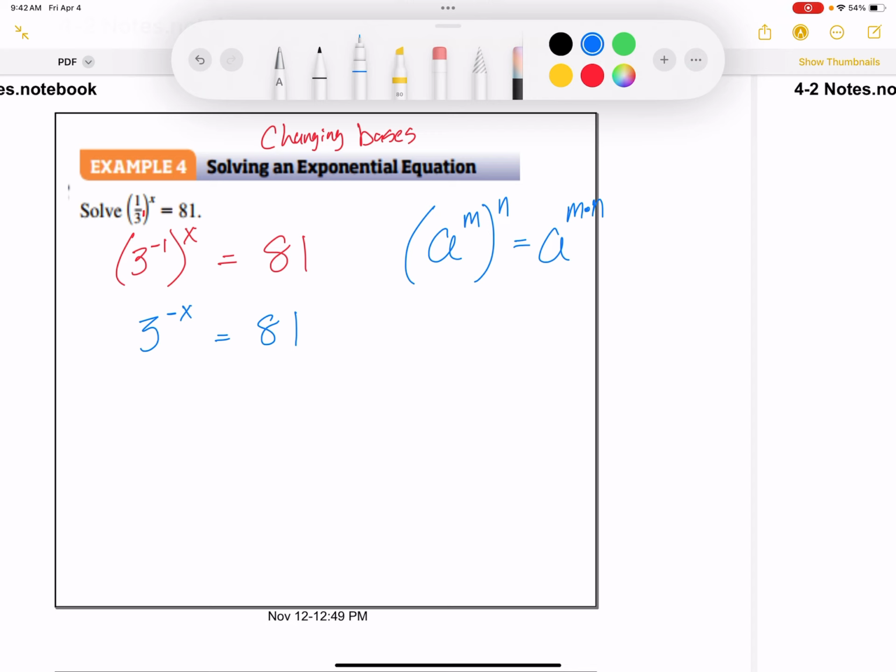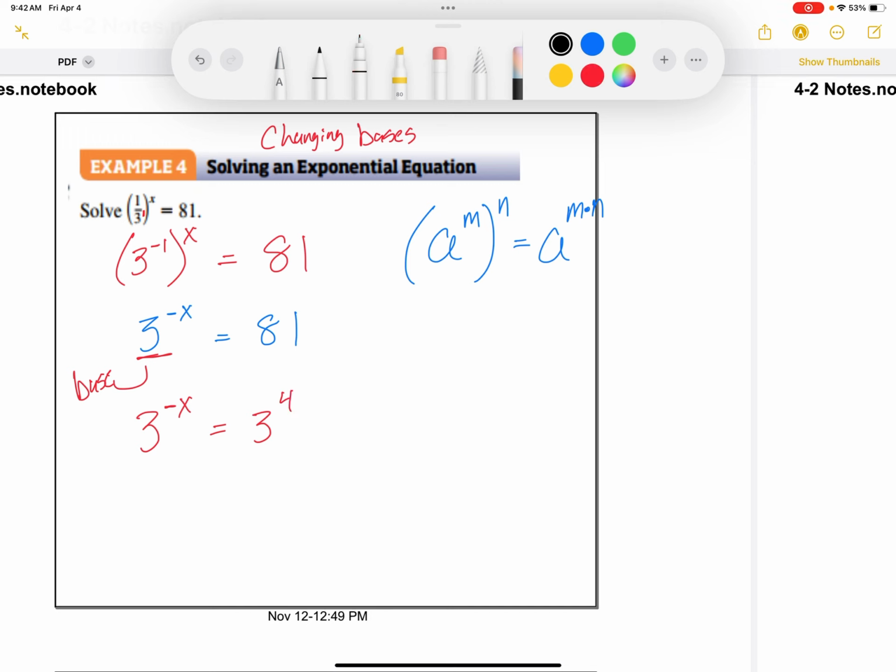Now I've got this base of 3. Well, 81 right now is just 81. But can I represent it as 3 to some power? Well, I know 9 times 9 is 81, and 3 times 3 is 9. So 3 to the 4th is 81. So this is 3 to the negative x power equals 3 to the 4th, right?